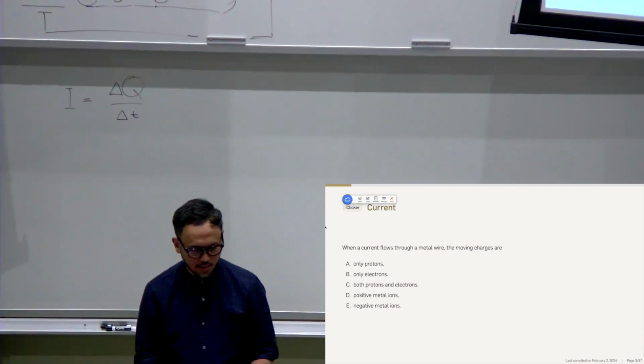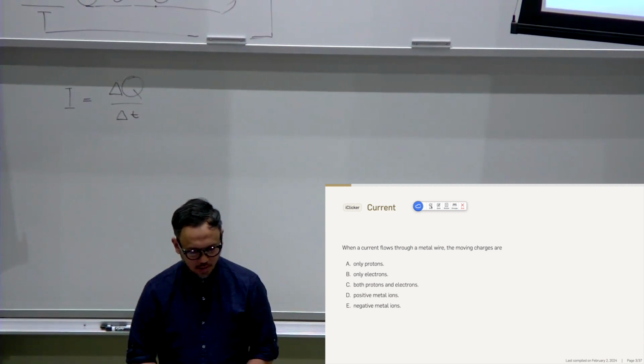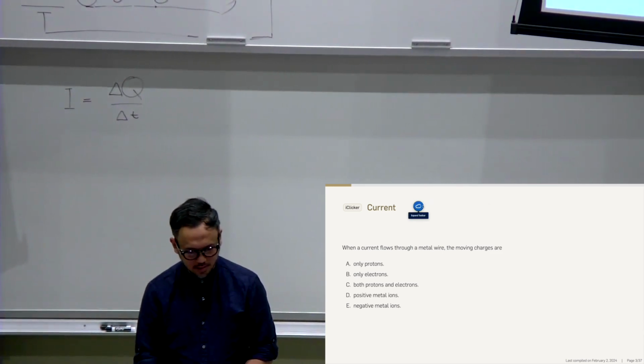All right, just to wake you up a little bit, we have this iClicker question. When a current flows through a metal wire, the moving charges are... Twenty seconds.